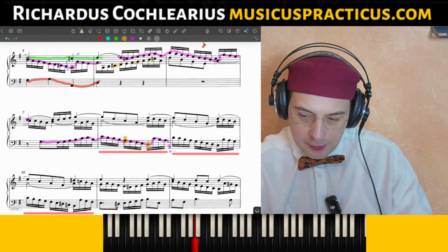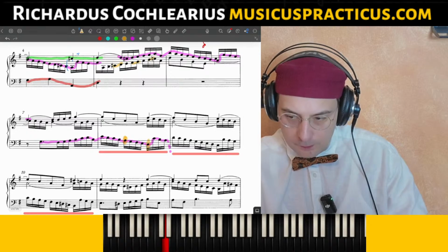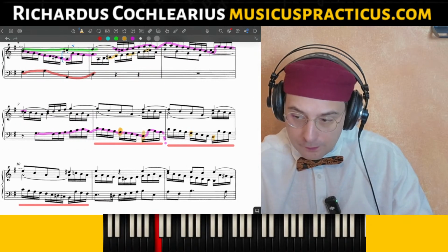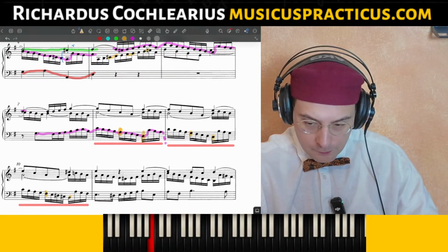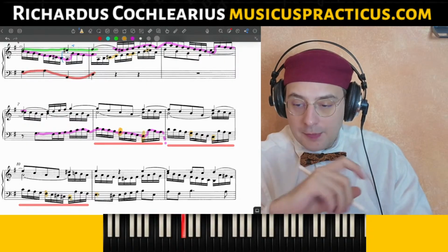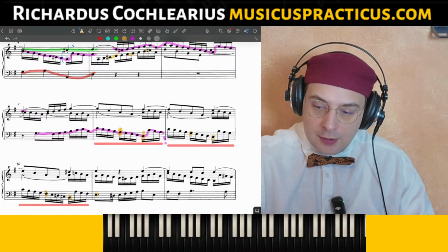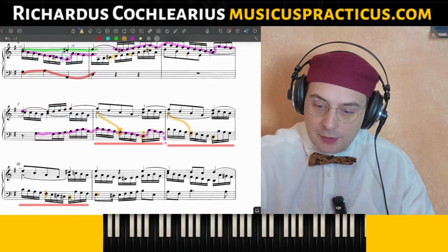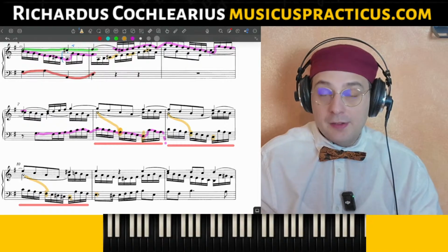These are the most important notes. Sol, fa, mi, re. Third, and third, which means a prinner.